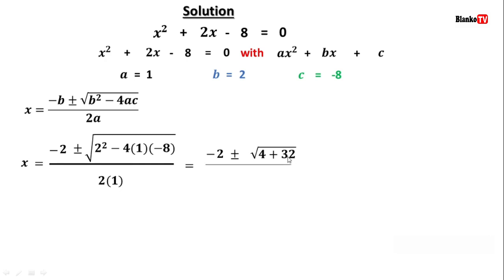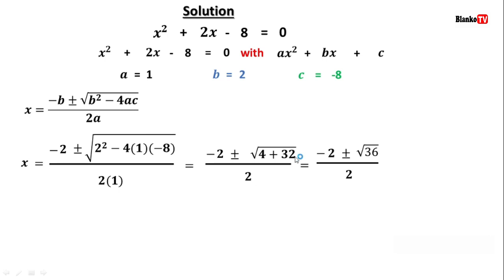All over 2 times 1, which is still 2. I hope you understand. Now 4 plus 32 will give us 36. So we have negative 2 plus or minus the square root of 36 all over 2.